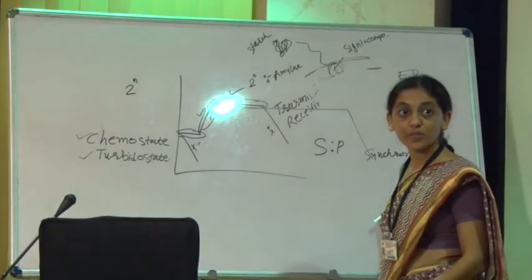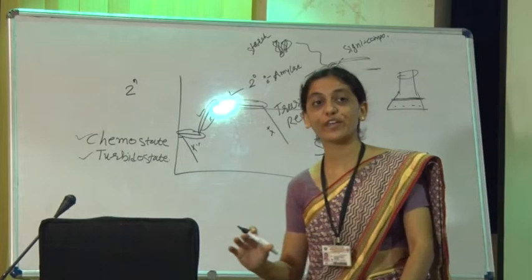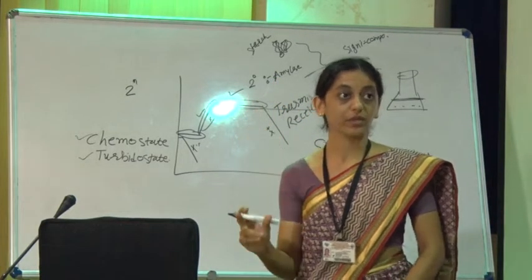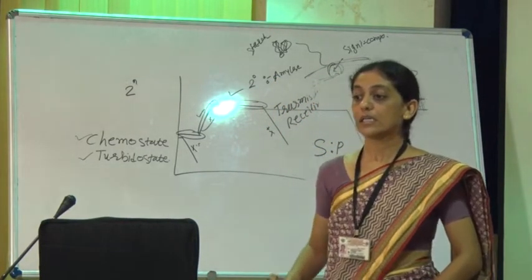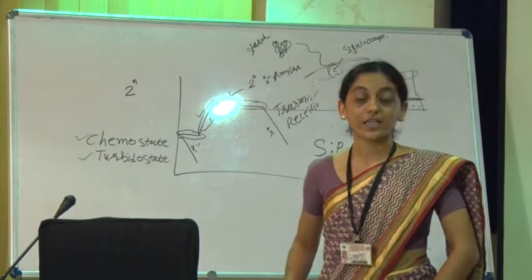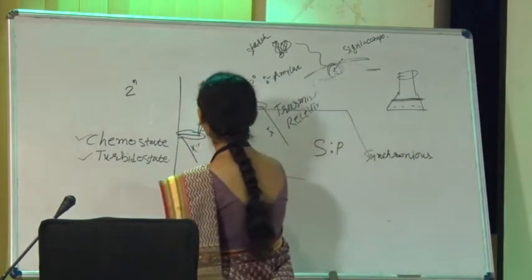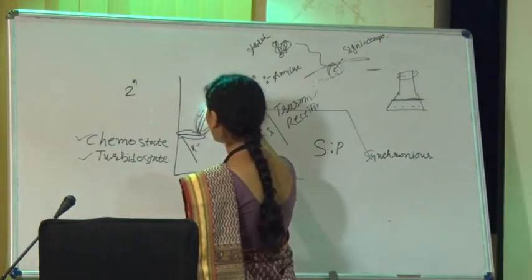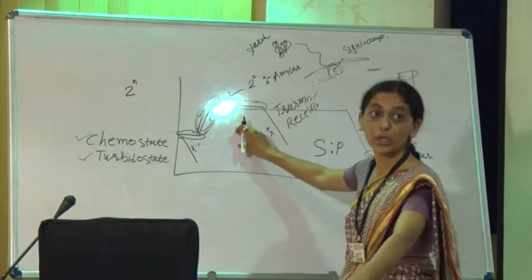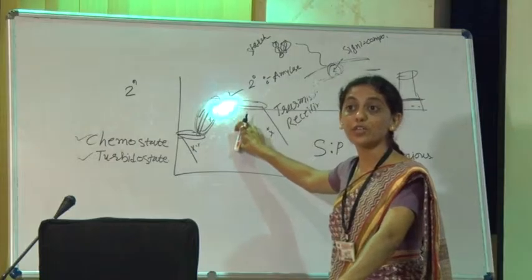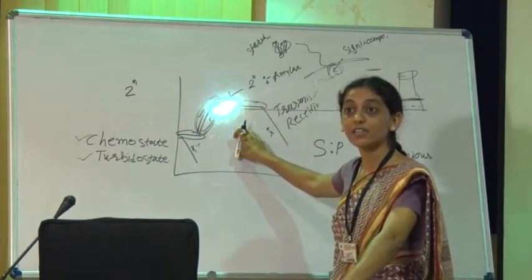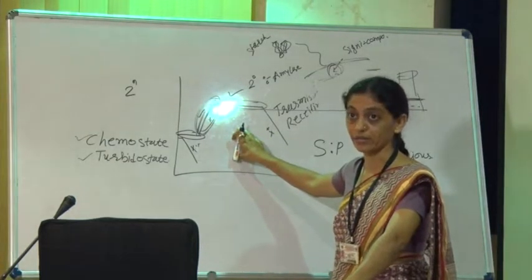Is it clear? So this type of phase is considered in continuous culturing, where you are interested in increasing the population. The population will increase when they get sufficient nutrients.